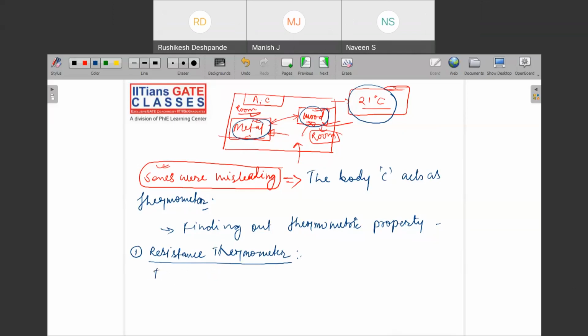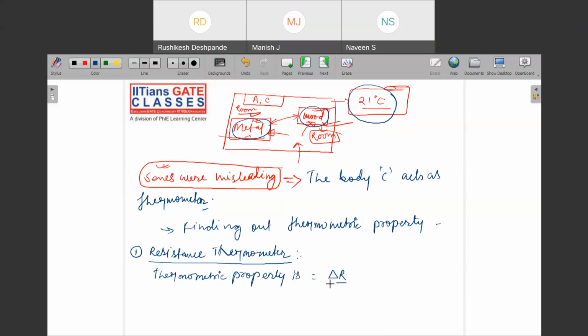So the thermometric property is change in resistance. Can I write down that this is nothing but delta R? See what happens in the Wheatstone bridge. Let us say you were working at some temperature, and now your temperature has suddenly changed.